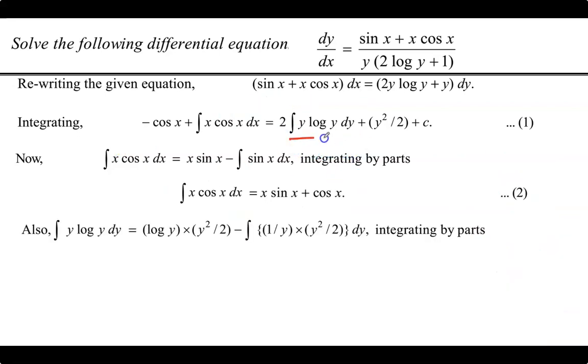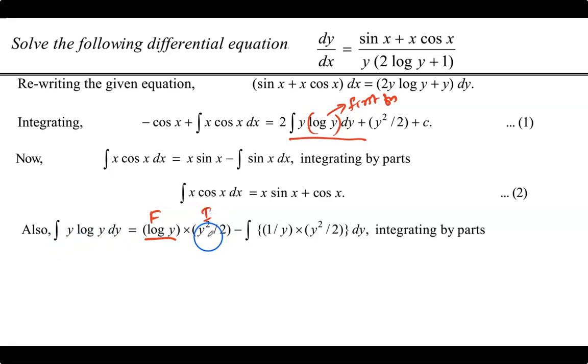Now to solve this integral of y log y dy, we can take log y as our first function. Since its derivative will be 1 by y, it is easier to expand using integration by parts. Now we have integral of y log y dy is equal to first function log y into integral of second function.